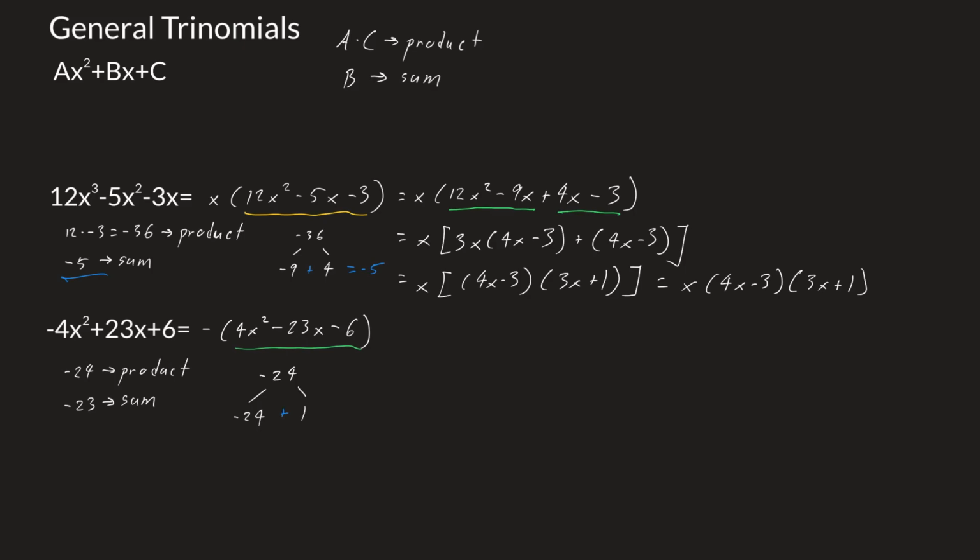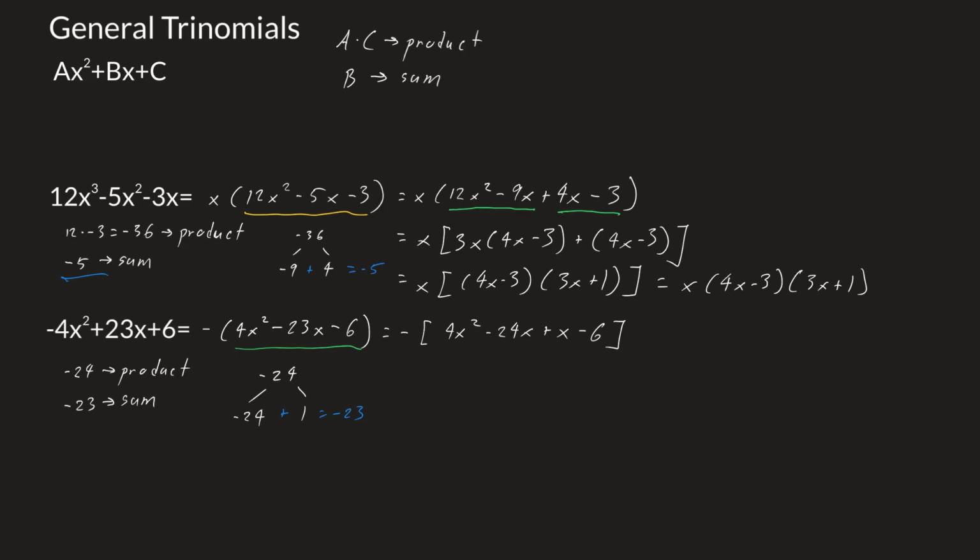And when I add them, that gives me negative 23. Okay? So boom, we have it. So let's do that. Equals negative 4x squared. So remember, we're replacing that middle term, that negative 23x, by negative 24x plus x, or 1x, minus 6.